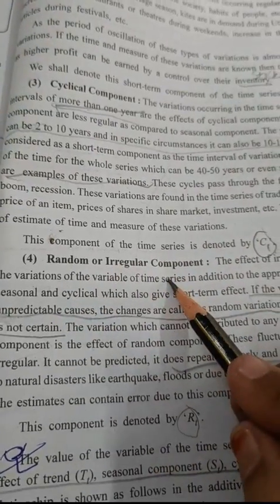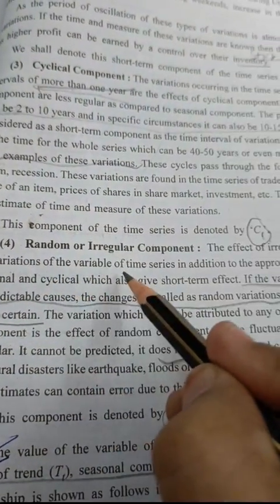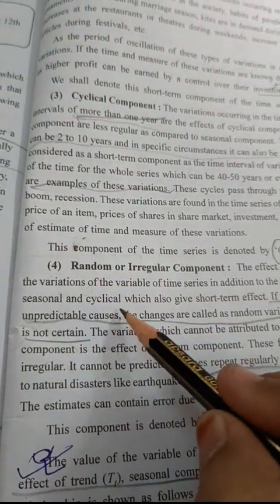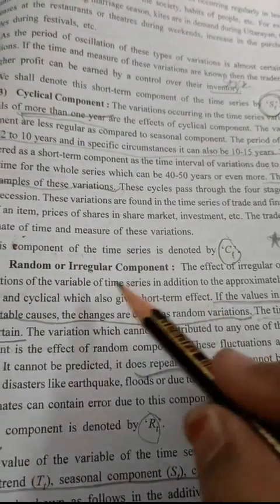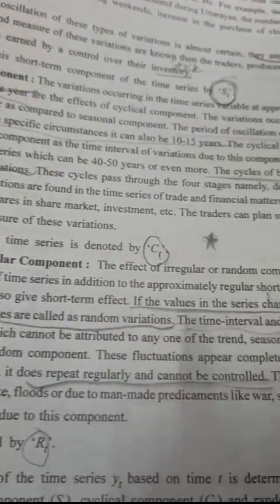Random or irregular component. The effect of the irregular or random component is also seen in the variations of the variable of time series, in addition to the approximately regular short-term components like seasonal and cyclical, which also give short-term effects.